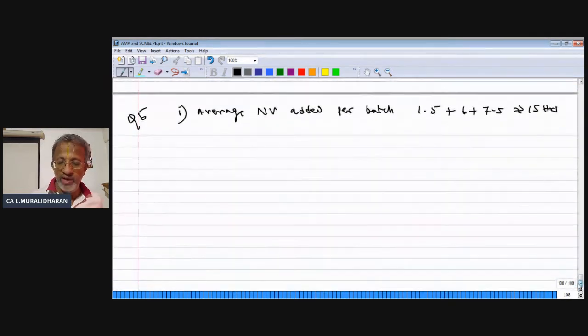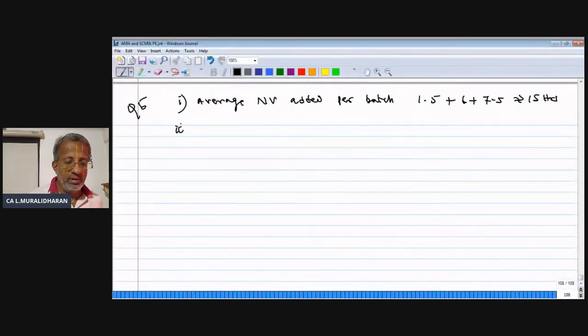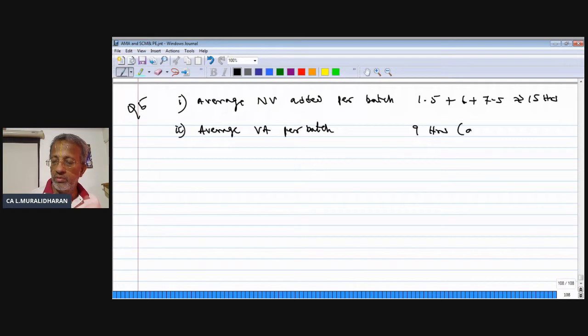Average non-value added per batch. Item number 2, average value added per batch. So one can take up the process time alone. Only process time is that.